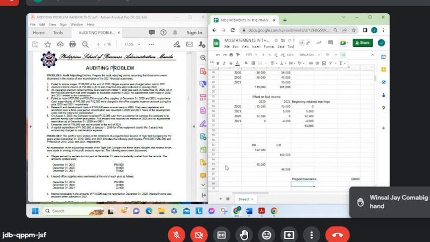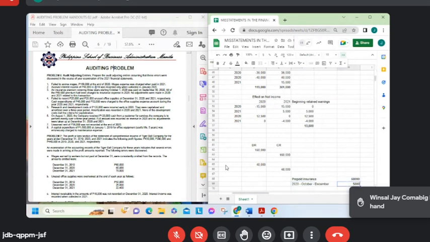So for 2020, which is from October to December, that will be for 3 months. There should be an expense recorded, or this is for a period of 3 years. So divided by 3 times 3 divided by 12.